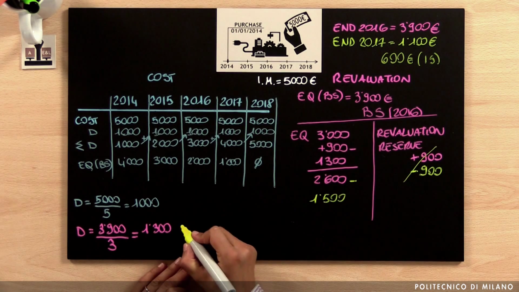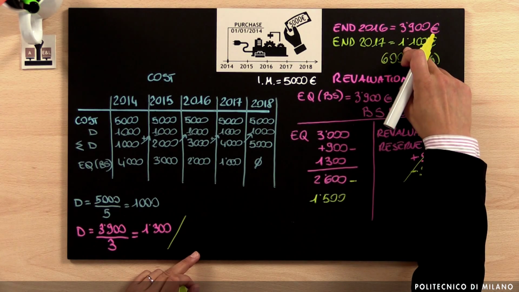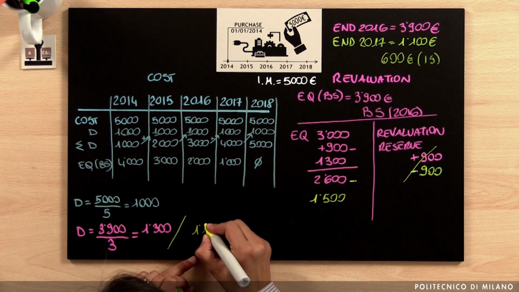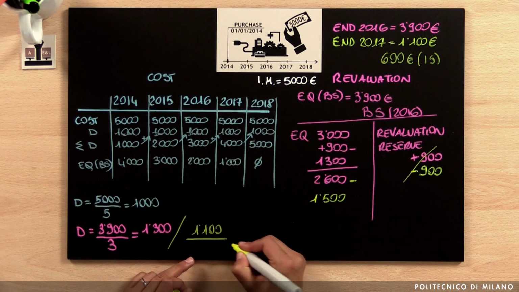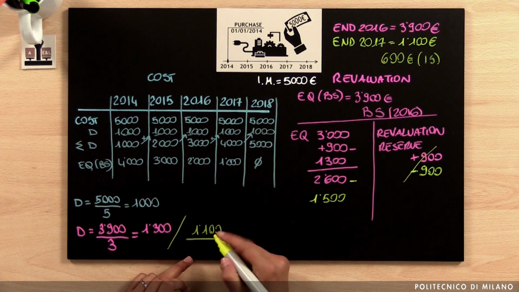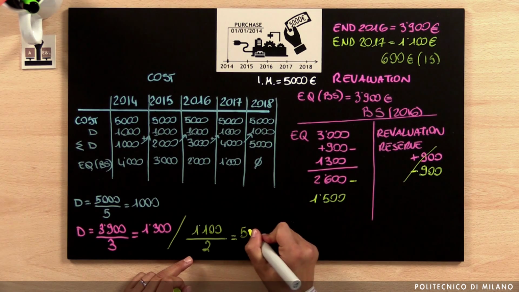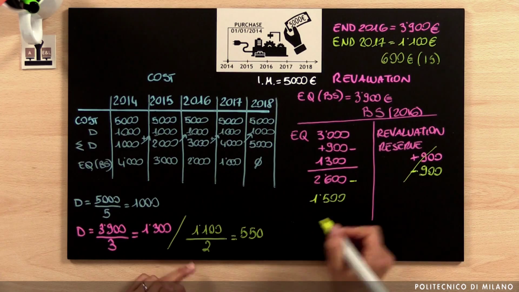Finally, what we need to do is again to calculate another time the depreciation. So the depreciation in this case will be the new value, so 1,100 euros divided by the useful life, which is 2017 and 2018, so divided by the remaining 2 years. We will have a depreciation of 550.